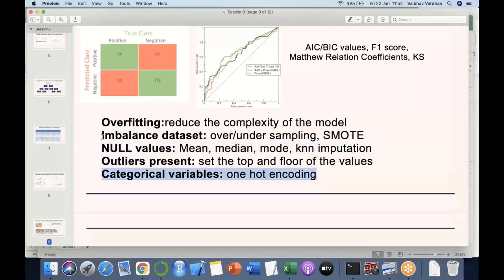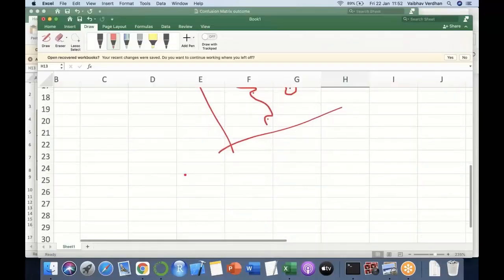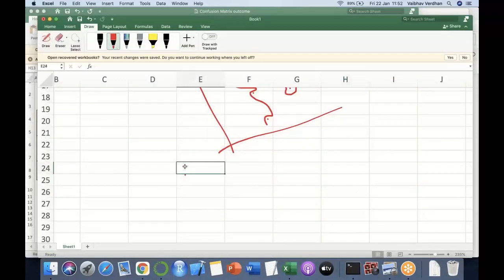So these three we will explore in the code. Categorical variables I'll just discuss right now. What is the meaning of that? Sometimes you get categorical variables, for example gender, or let's say city. Let's say the data set is like this: customer ID 1, 2, 3, 4, gender is male, female, male, female.